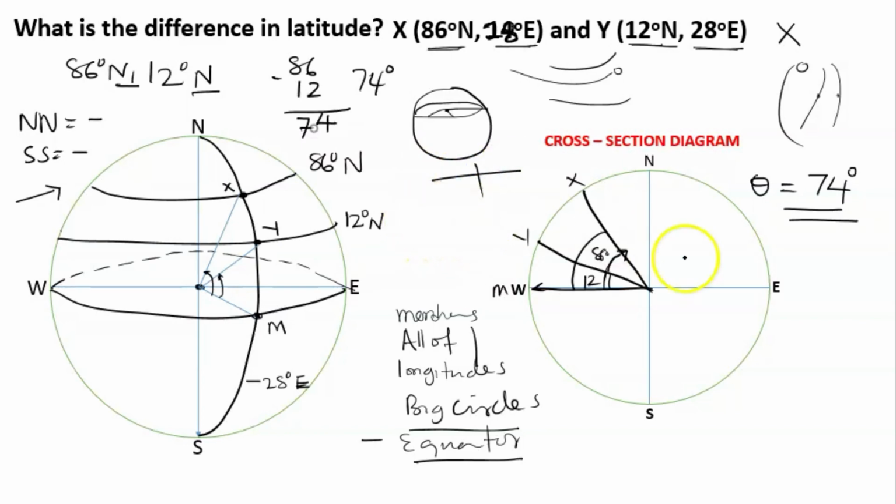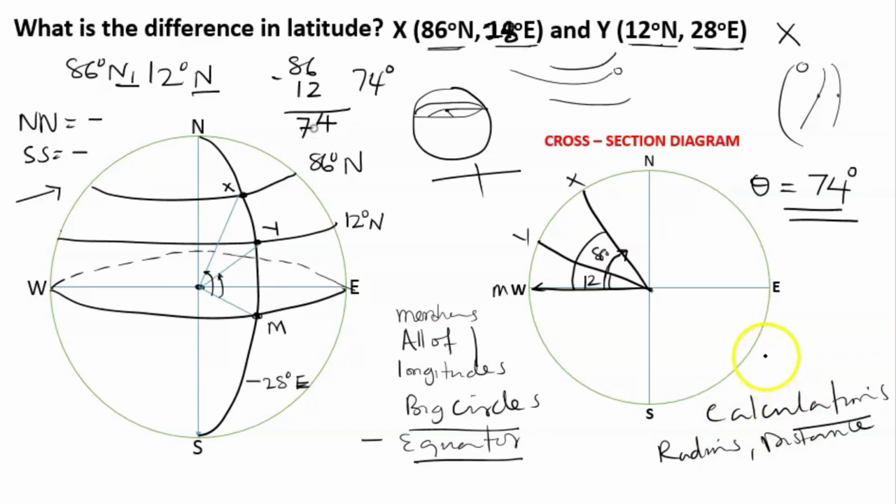So we'll be entering calculations now. Since we now know how to draw, we are going to look at how to calculate the radius of the earth, with little derivations and provings. Then we also look at distances: how do we calculate distance along great circles and along parallels of latitude. And we are also going to look at longitude and time.